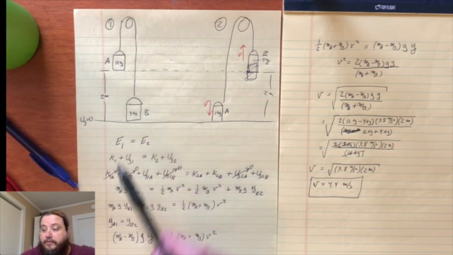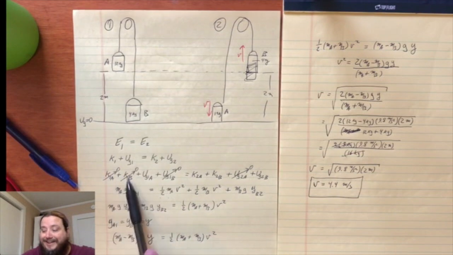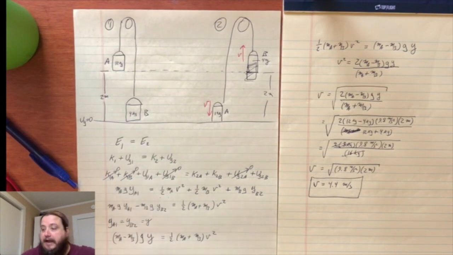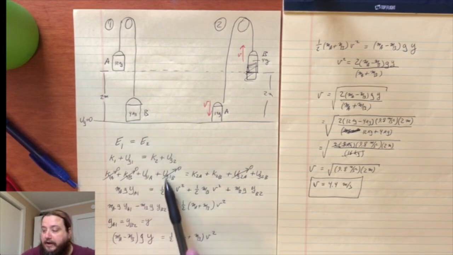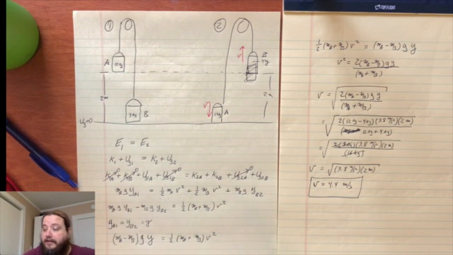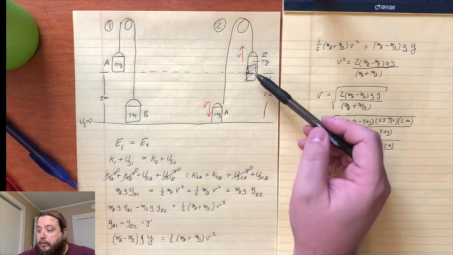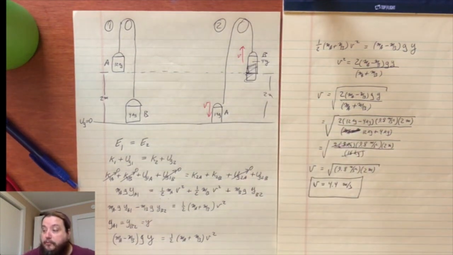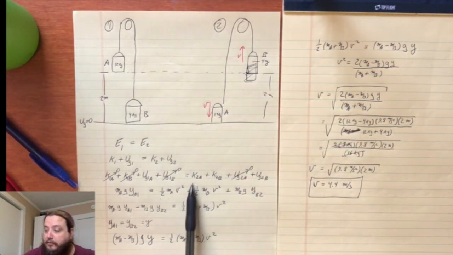So again, we're not moving at moment 1, so there's no kinetic energy terms. And bucket B is sitting on the ground, so it's not at altitude, so there's no potential energy term. So that got rid of 3 of the 4 terms on the left-hand side of this equation. Both bucket A and bucket B are moving at moment 2, and so we have to keep those kinetic energy terms.